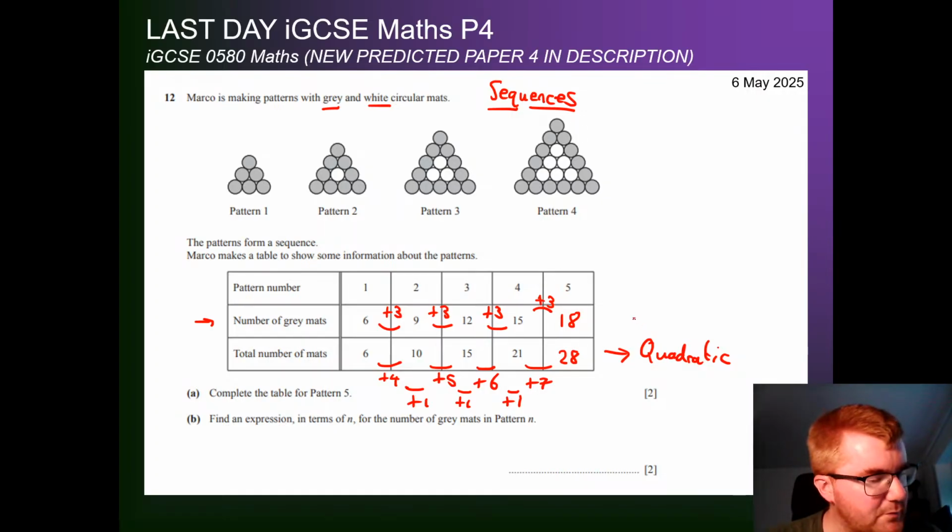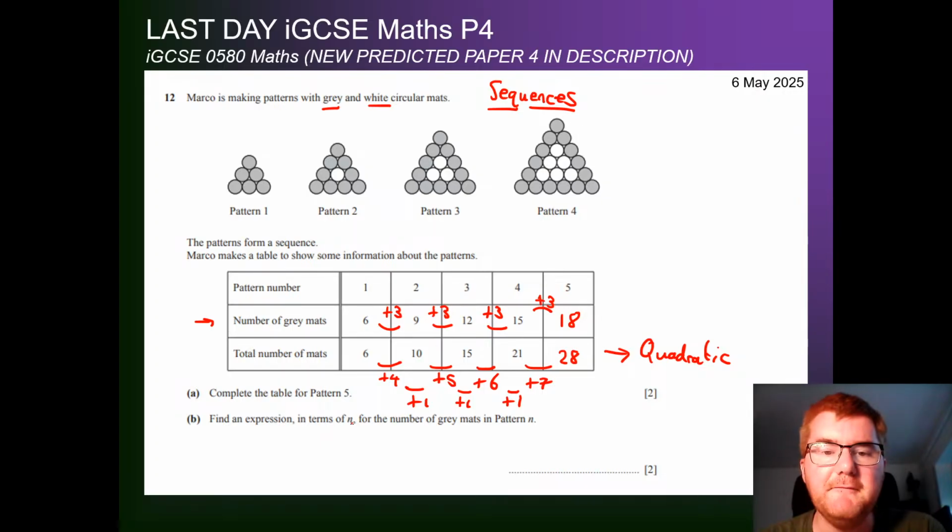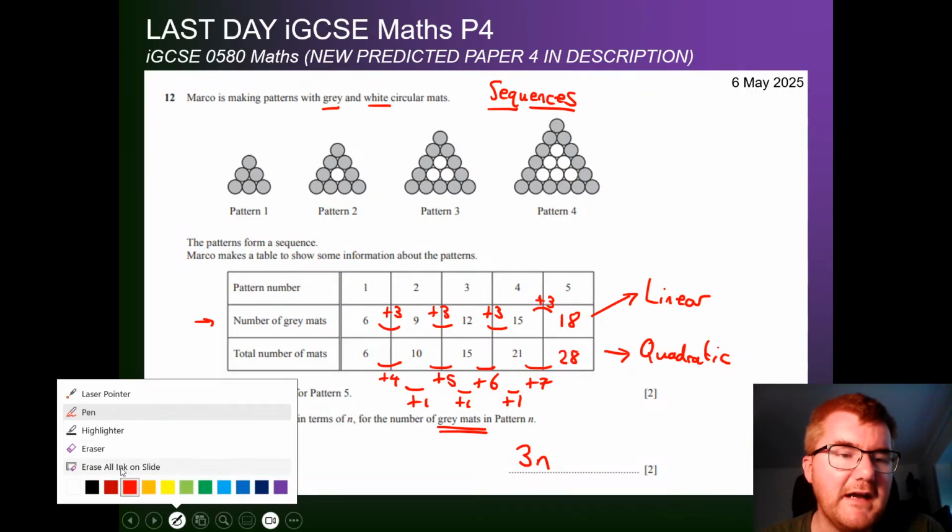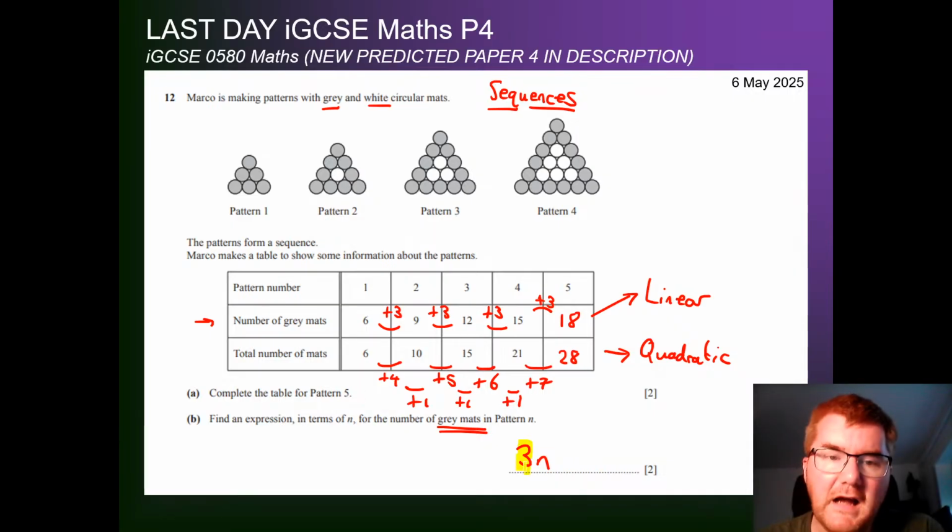Now, next part of the question is we need to find an expression in terms of n for the number of grey mats in pattern n. The biggest mistake that's made in these is you take the wrong sequence. So notice we are taking this top sequence here. Now, the way I've always taught this is a linear sequence, this one, number of grey mats. We have a difference of +3, so we know we have 3n. And then what I do now is look at the first term of the sequence, 6.